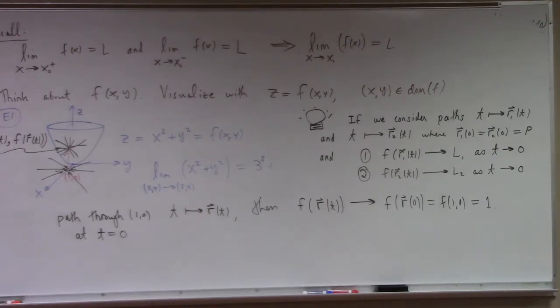No. If you sort through this definition over here, you can feed a path through the function, and it should satisfy this business over here no matter what path you're looking at. You can picture the region, and you can take any path through it, and that should imply that the image is within epsilon units of L. So if you can find two paths which violate this limiting procedure, it follows that the limit doesn't exist.